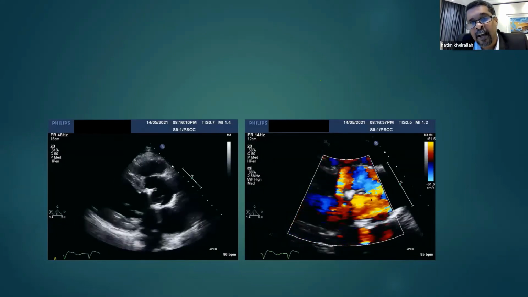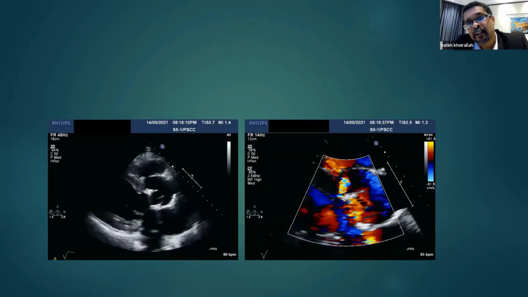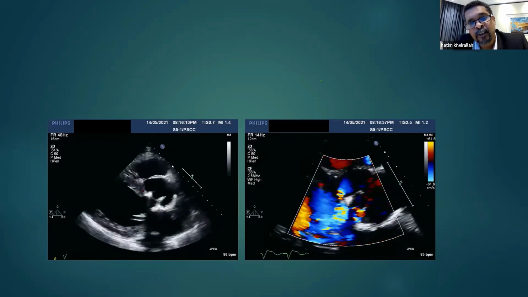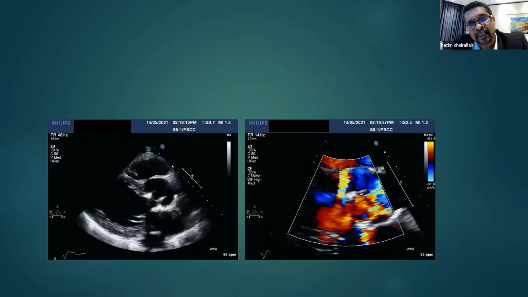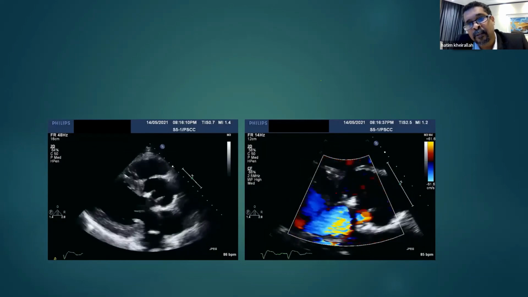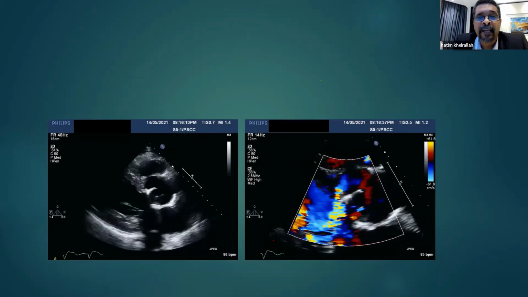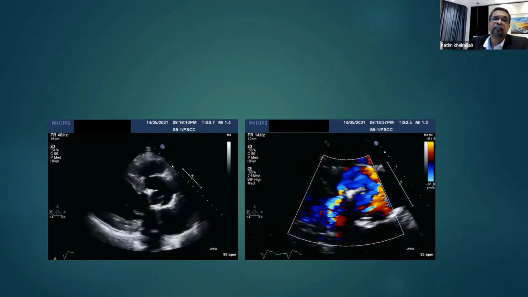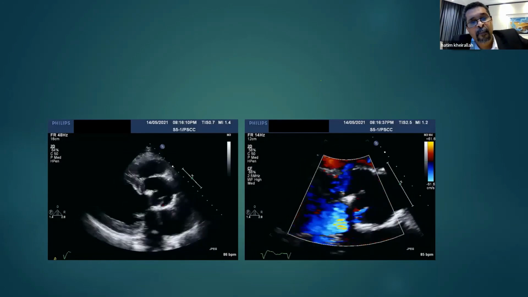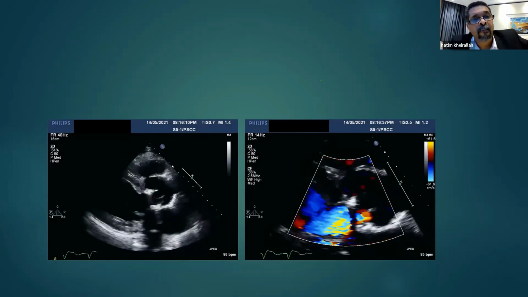And here the color has shown that this jet is a paravalvular leak coming from anterior. You see here, even I see a slit, there is a gap here. And through this gap comes this huge paravalvular leak. And that slit was big enough to cause instability in the prosthesis and this rocking movement.